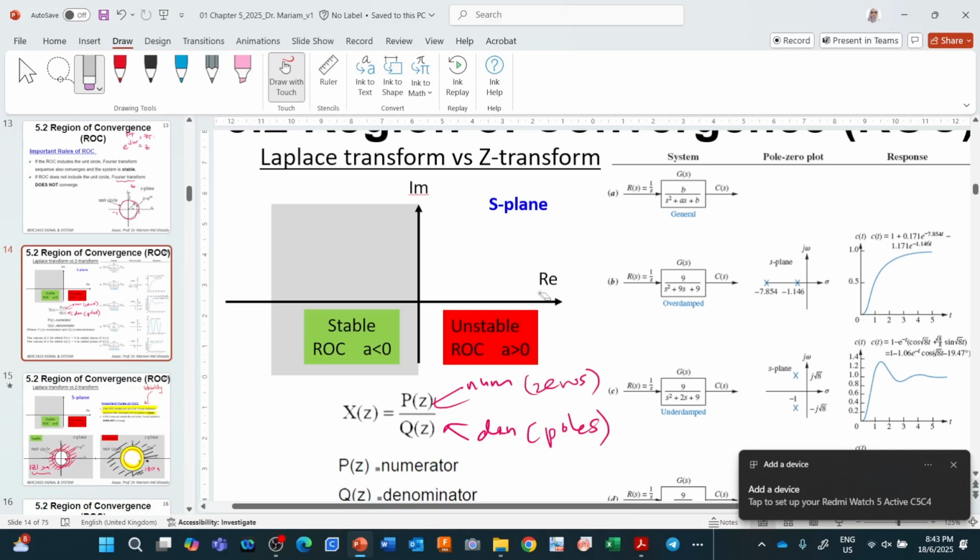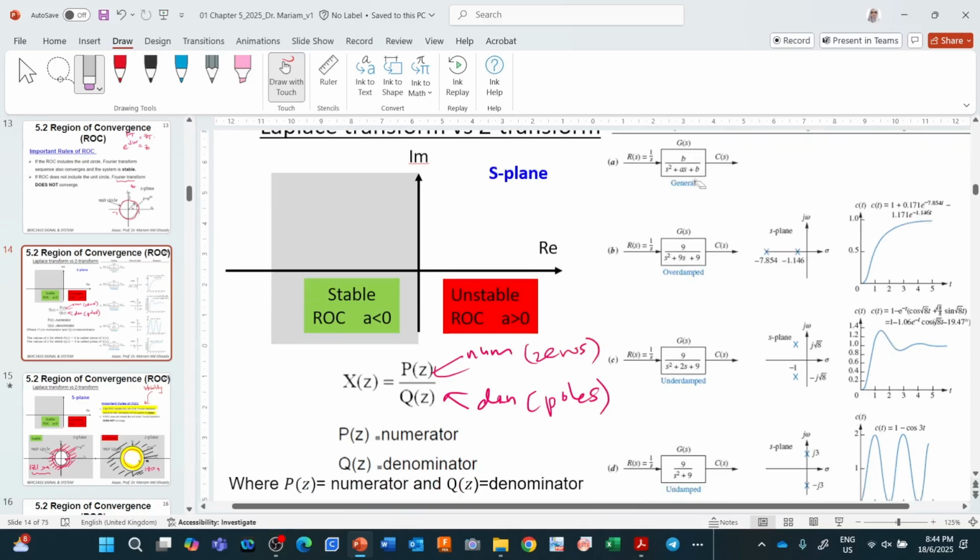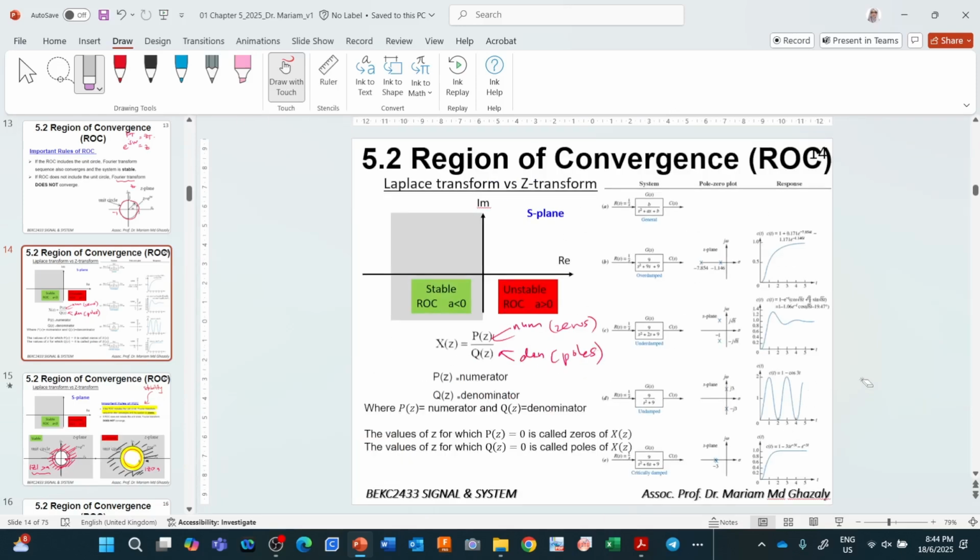The top one is the numerator, which is the zeros, and the bottom part is the denominator, which is the poles. On the right side, it's all just a recap of what you have learned in the control subject.